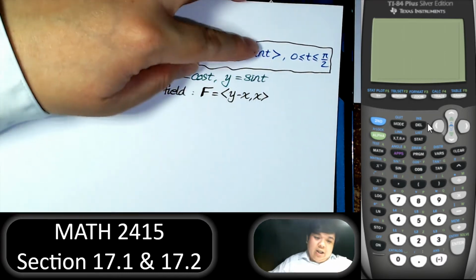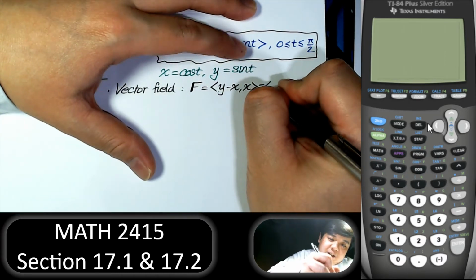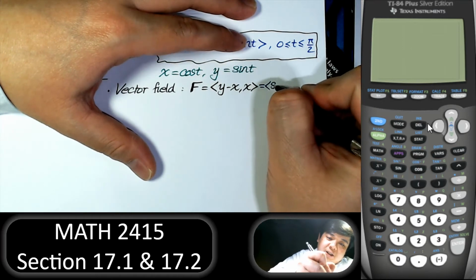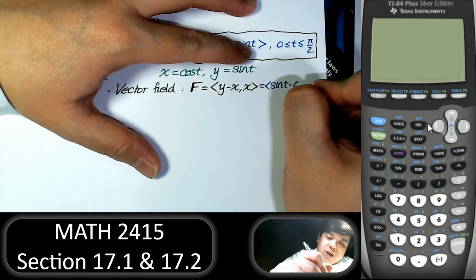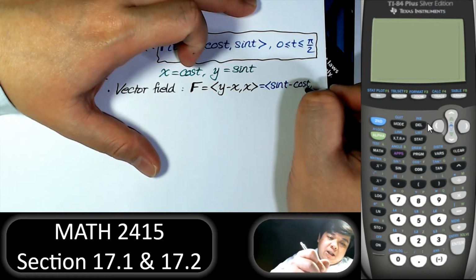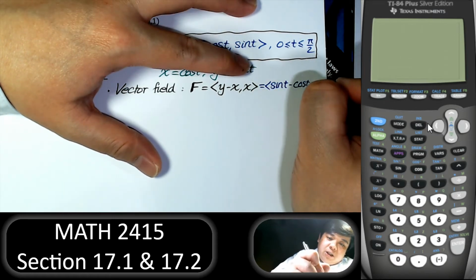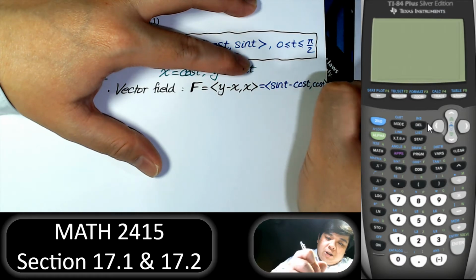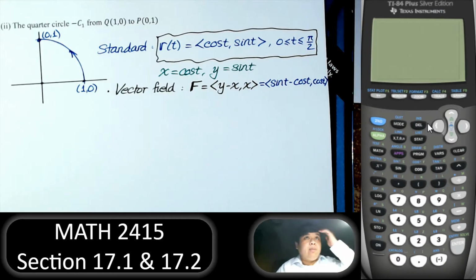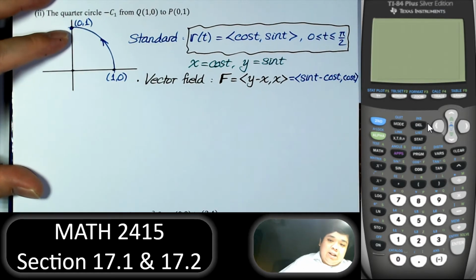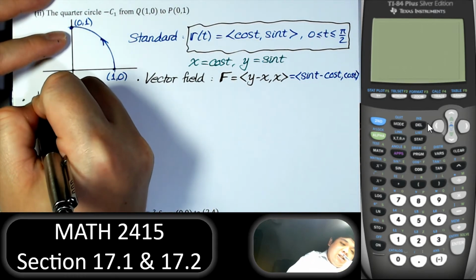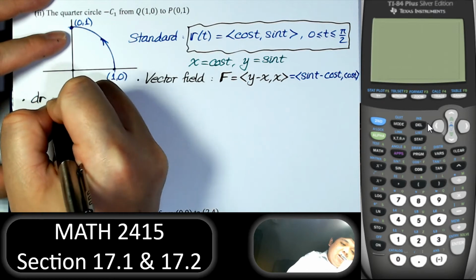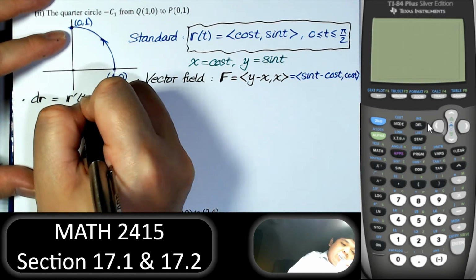Substitute those two in here. We have sine t minus cosine t, comma x cosine t. So that, and next we just need to find the derivative times dt.